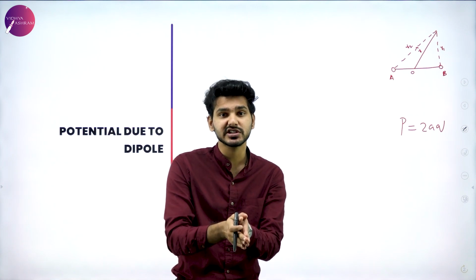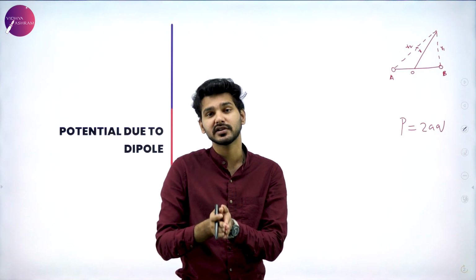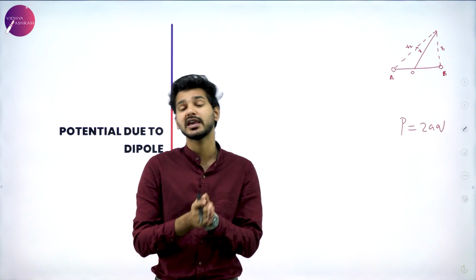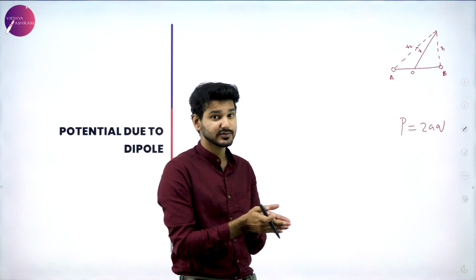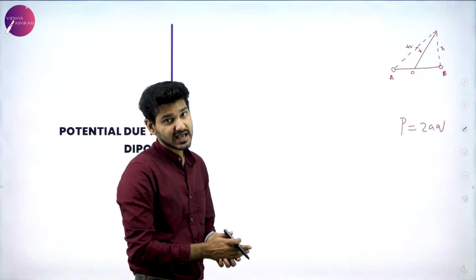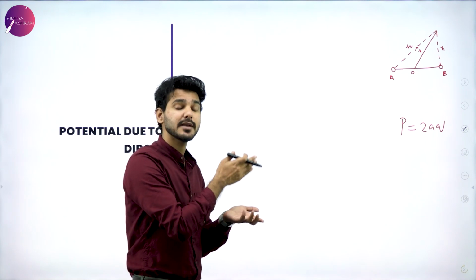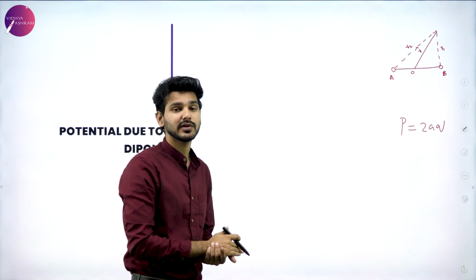Now we have to find out what R1 and R2 are, because we already know that the equation which gives the potential at a particular point due to a charged particle is given by V is equal to KQ divided by R. We already know K is 1 by 4 pi epsilon naught. So we have to find out what R is. And R is the distance from that particular charged particle to the point where we are calculating the potential.